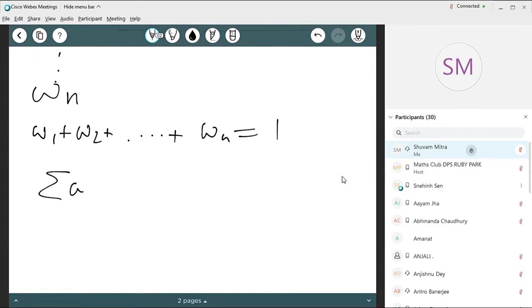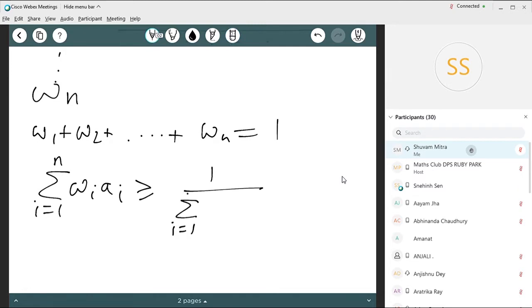The summation of wi ai from i equal to 1 to n is greater than or equal to, sorry, it would come below, so it's 1 by the summation of i equal to 1 to n wi by ai.